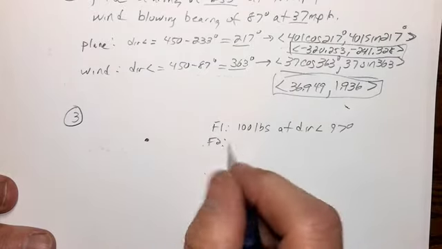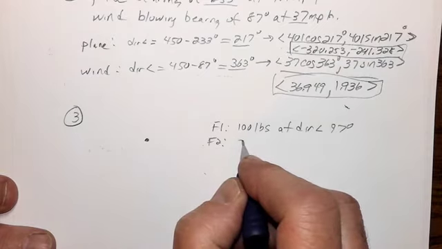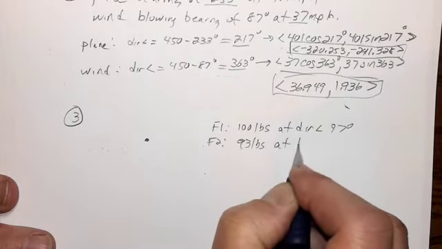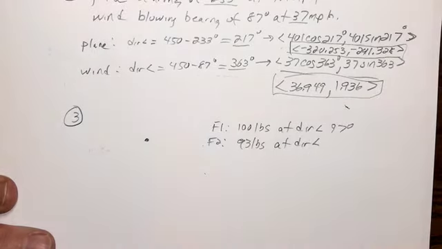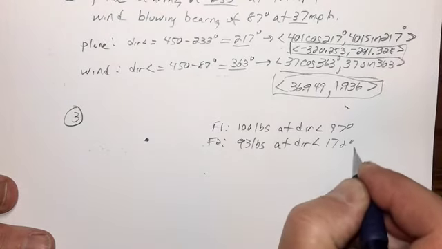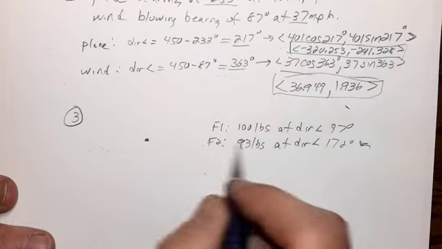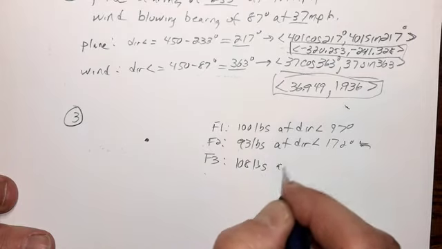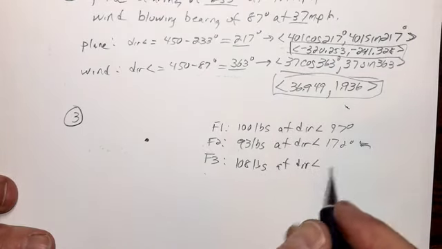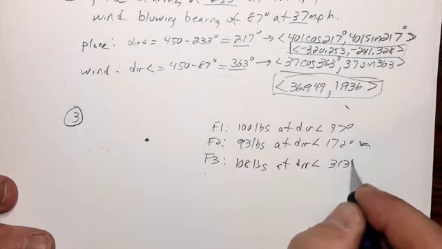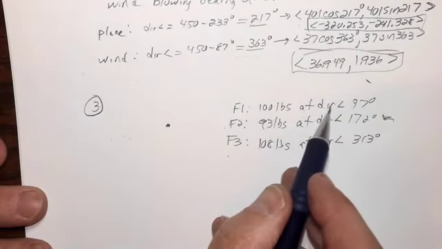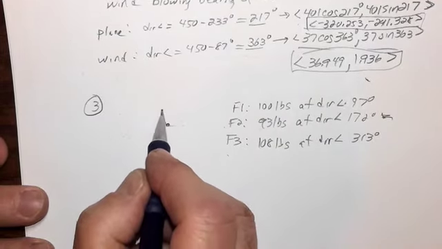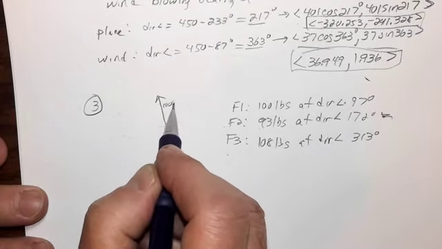Force 2 is, excuse me, 93 pounds at a direction angle of 172 degrees. And force 3 is 108 pounds at a direction angle of 313 degrees. So you can see that I have this vector at 97 degrees, so that'd be 90 plus 7 more, and that's 100 pounds.